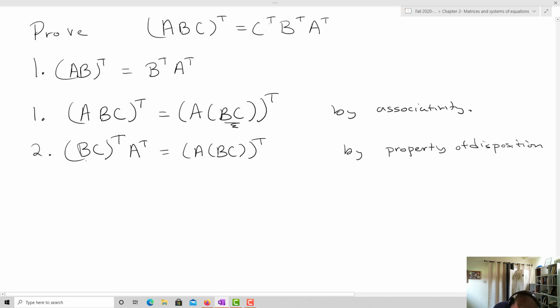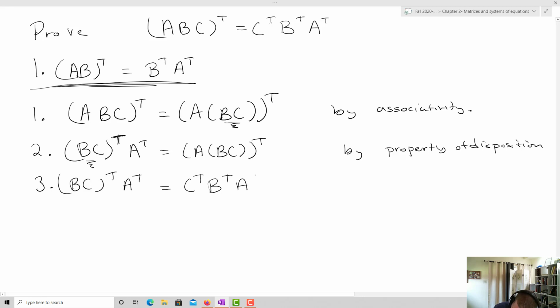So we treated BC as a single matrix, and with 2 matrices I have this property right there. Now that means (BC) transpose, A transpose, is simply going to equal C transpose, B transpose, A transpose by properties of transposition.